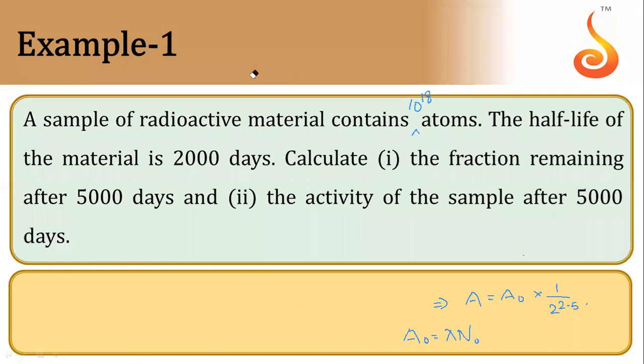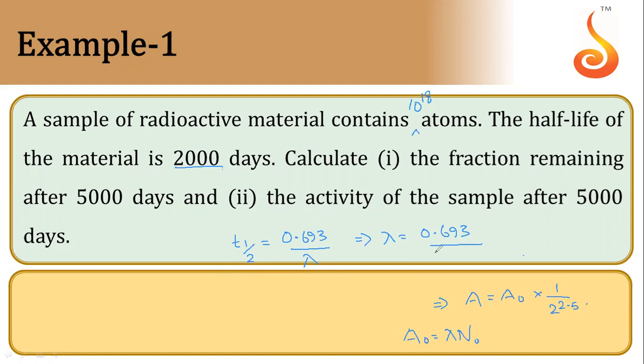Now we have been given that the half-life is 2000 days, and the half-life formula is 0.693 divided by lambda. So from here lambda will be 0.693 divided by half-life, and the half-life is given as 2000 days.